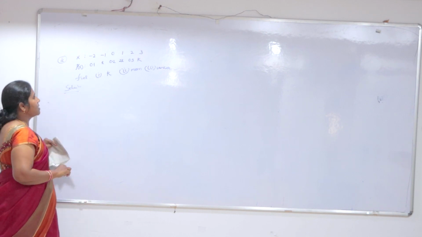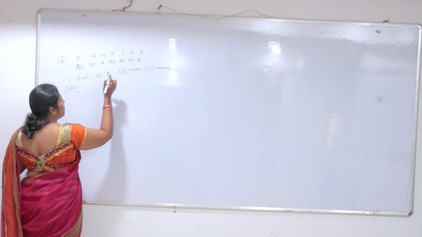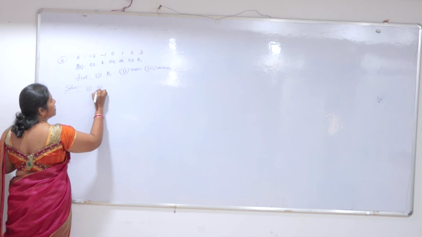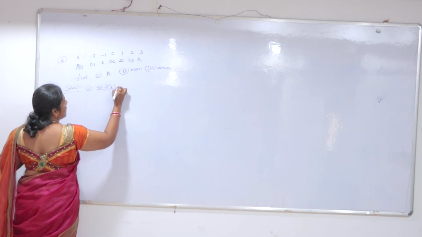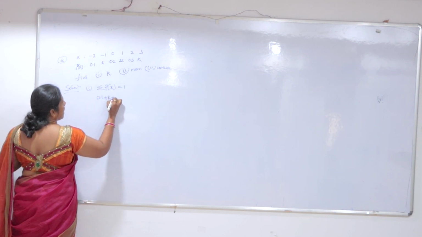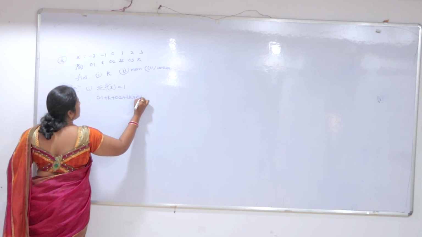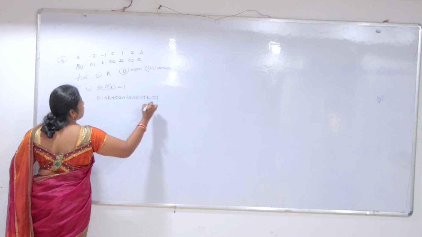So the first thing is you have to find k. As in the previous example, the same thing, total probability equal to 1. We should use the same concept that the total probability is 1. So add the probabilities. 0.1 plus k plus 0.2 plus 2k plus 0.3 plus k equal to 1.